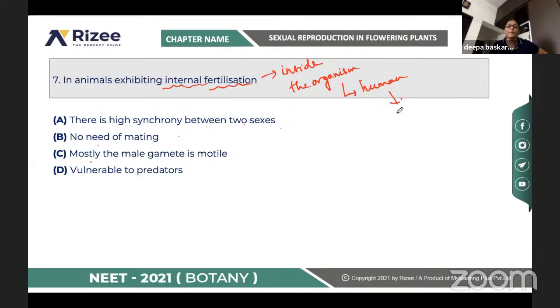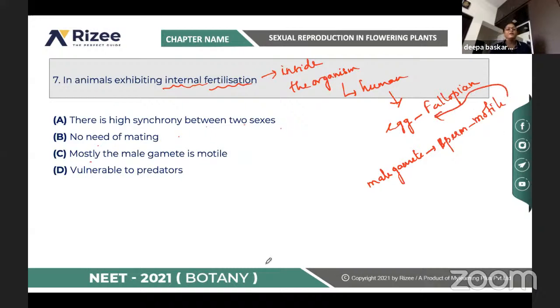Here, the egg is staying at the fallopian tube. Clear? And the male gamete, the sperm, is motile. It reaches the fallopian tube by travelling. So which one is correct then? Mostly the male gamete is motile. Clear?